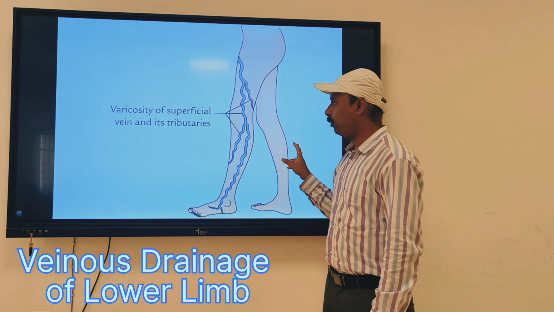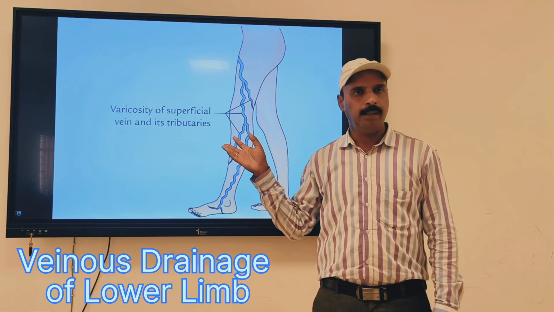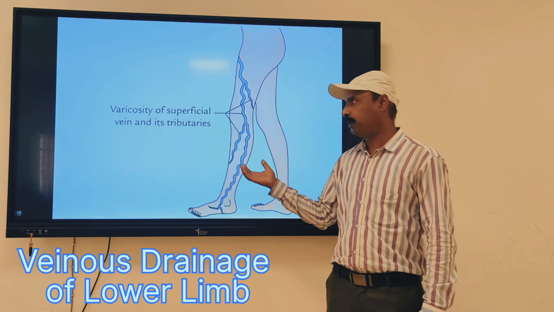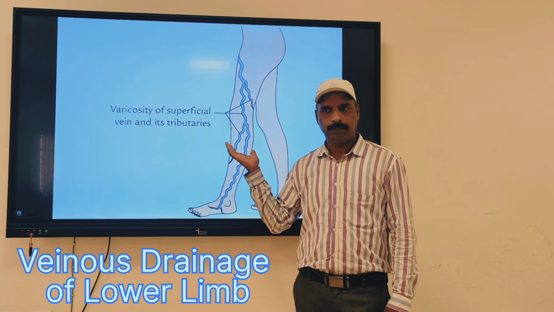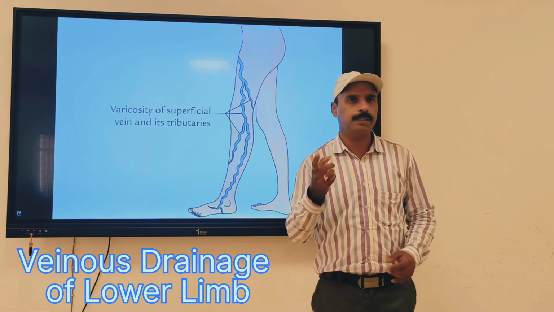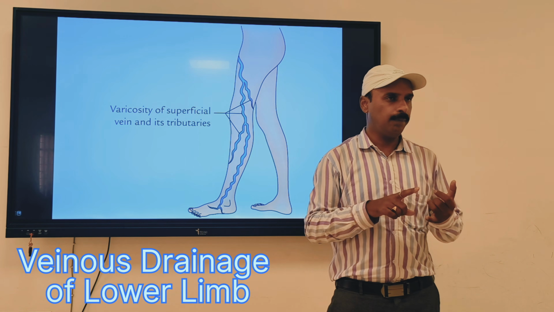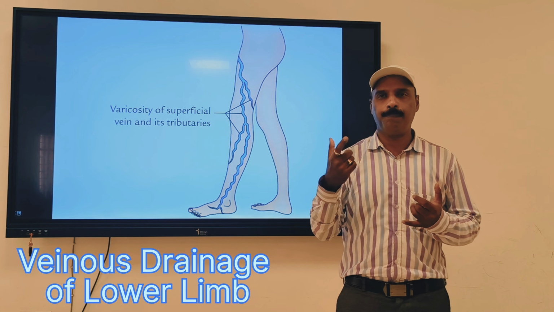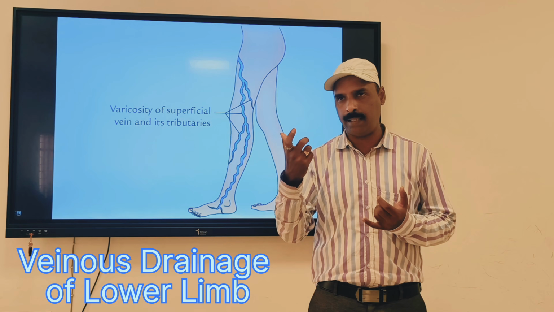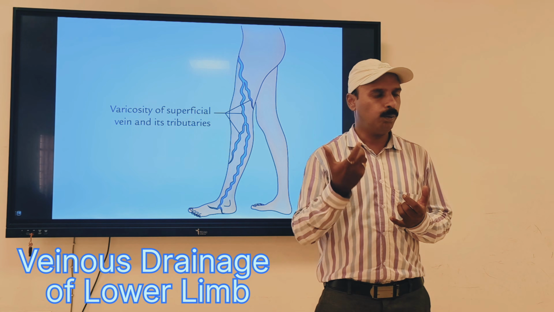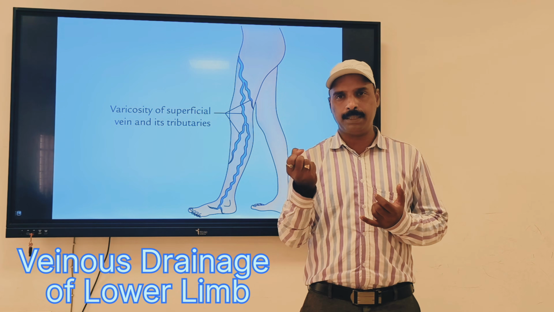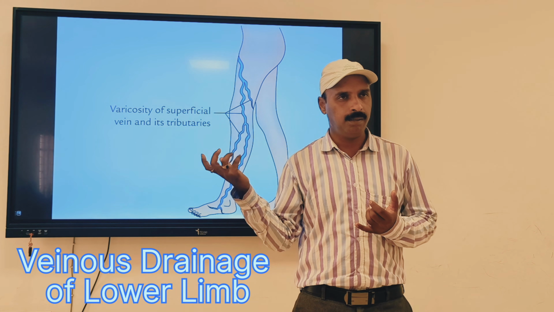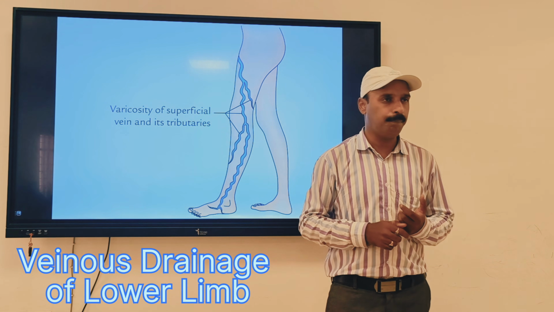Then next, you have to remember the applied anatomy. Here you have to remember the one most important, which we call varicose vein. First, in the applied anatomy, you have to tell the calf pump. The calf muscles are at the back of the leg, which we call soleus and gastrocnemius. Contraction of these muscles causes effective compression, and that we call the calf pump.